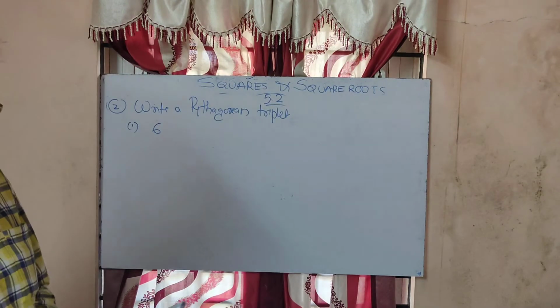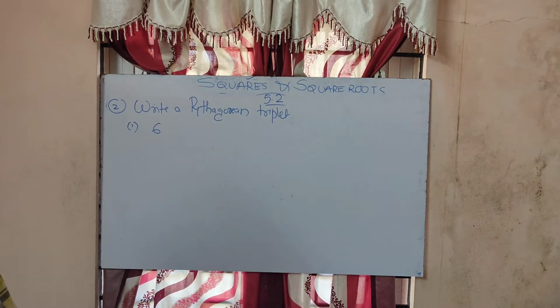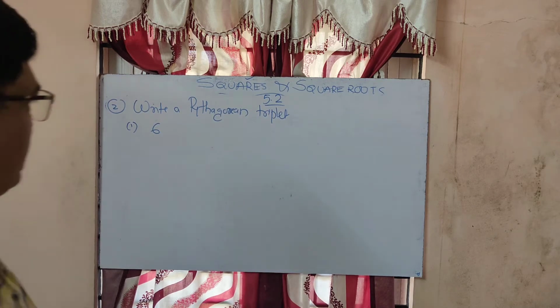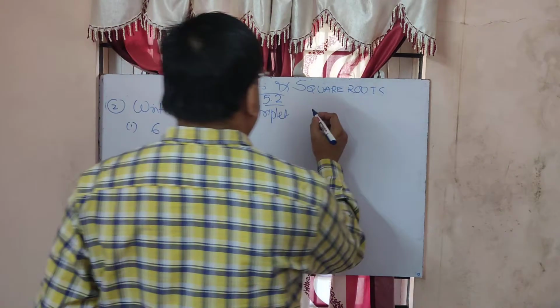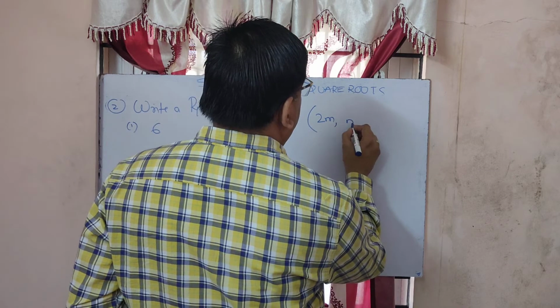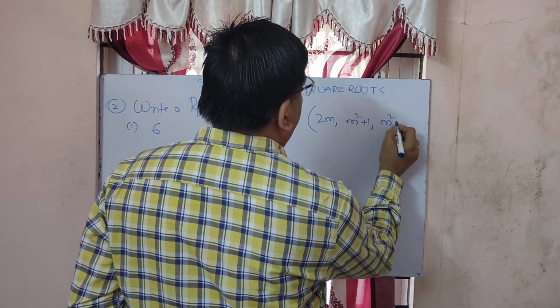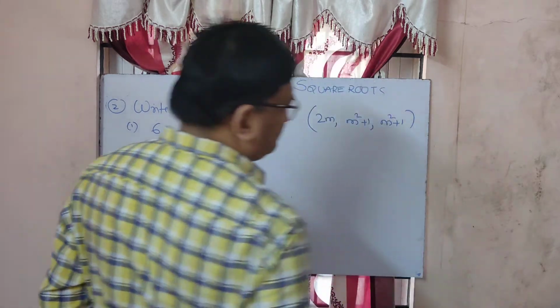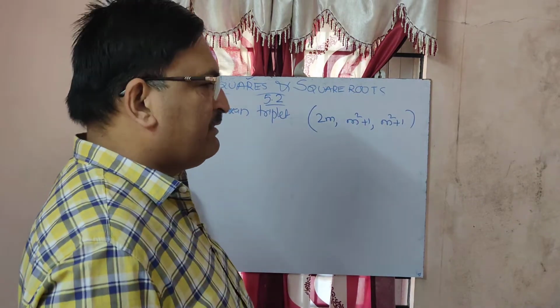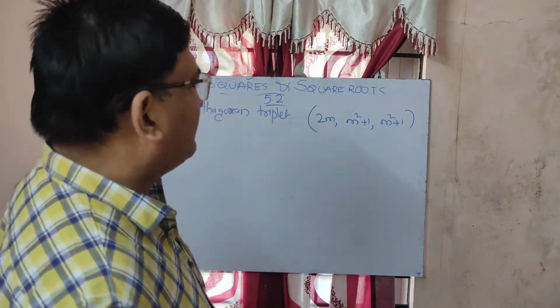We know the three numbers are 2m, m square minus 1 and m square plus 1. So these are the three numbers of a triplet, and out of these three, one will be the given number. We don't know which one, so let us try it.